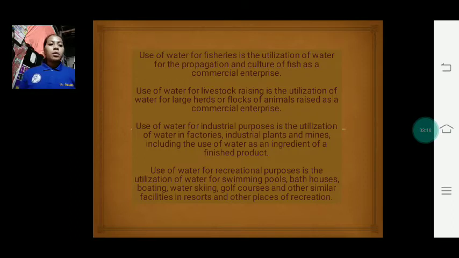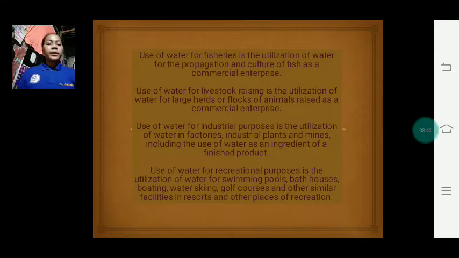Next, use of water for fisheries is the utilization of water for the propagation and culture of fish as a commercial enterprise. Use of water for livestock raising is the utilization of water for large herds or flocks of animals raised as a commercial enterprise.